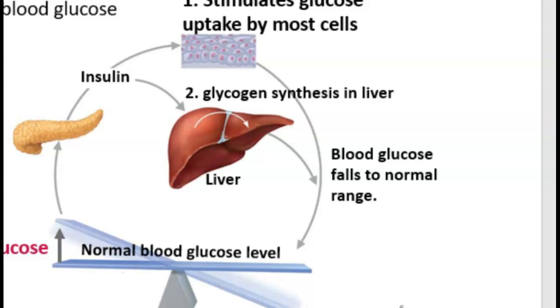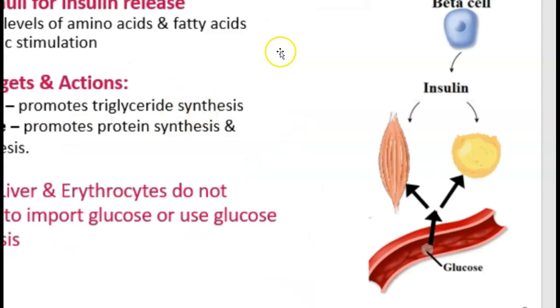There are many more actions of insulin, and there are also some other stimuli for insulin release. For example, elevated levels of amino acids and fatty acids would increase insulin production. And the parasympathetic nervous system also causes the release of insulin from the pancreas.